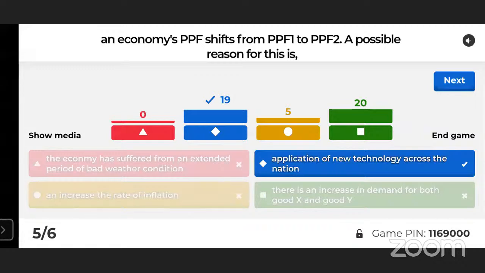It's the total output of the economy. So there is no way of answering with the demand concept. PPC will talk about production possibilities, an output concept. Just now I talked about when the curve is shifting to the right side, it's called economic growth. There are many reasons. One of the reasons mentioned is new technologies applied.